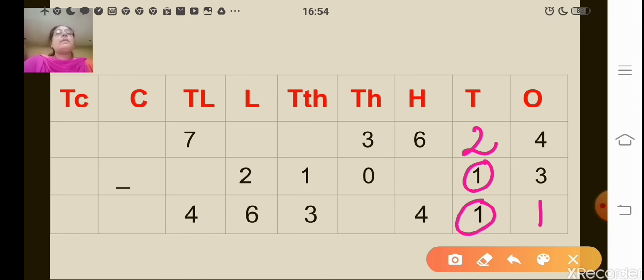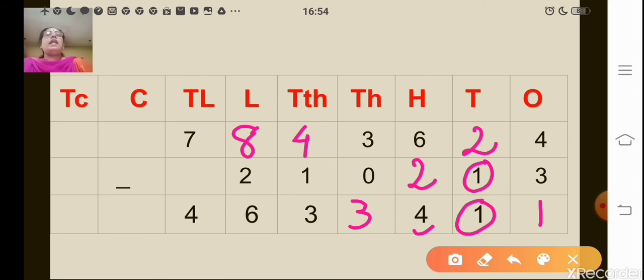To find the subtrahend, you will subtract the difference from the minuend, that is 6. So 6 minus 4 is 2. And if you subtract 6 minus 2, you should get the number 4. 3 minus 0 is 3. To find the minuend, 3 plus 1, 4. Again to find the first number, 6 plus 2 is 8.